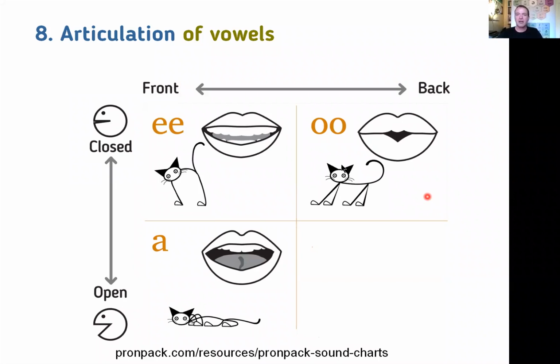So the tongue is moving back when the pencil goes in. And these cats here represent what the tongue is doing. This cat is leaning forward, up, forward, here, up, back. And so the tongue is nearer the front here and nearer the back here. That's why this vowel is called a front vowel and that vowel a back vowel.